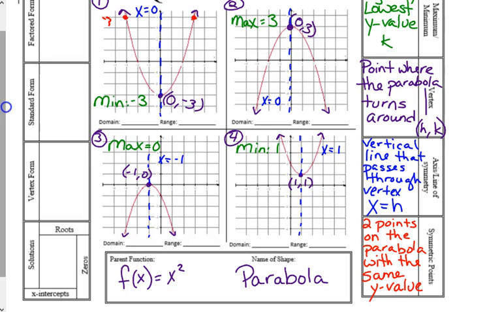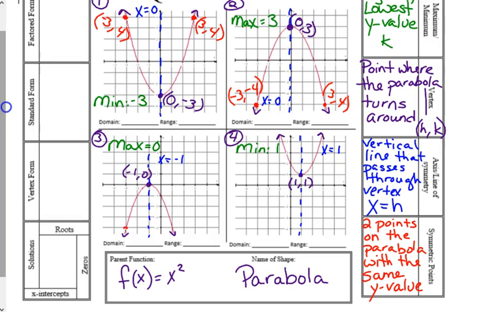So this one's (-3, 4), and this one is (3, 4). Over here, number 2, this is (-3, -4), and this is (3, -4).